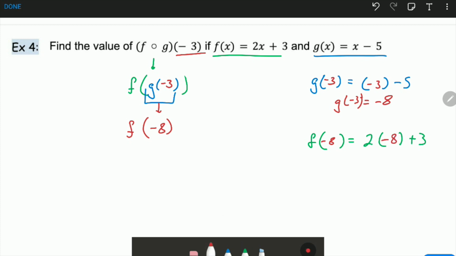So 2 times negative 8 plus 3. 2 times negative 8 is negative 16, plus 3 is negative 13. So overall, f of negative 8 is negative 13, which means f of g of negative 3 is negative 13 as well.